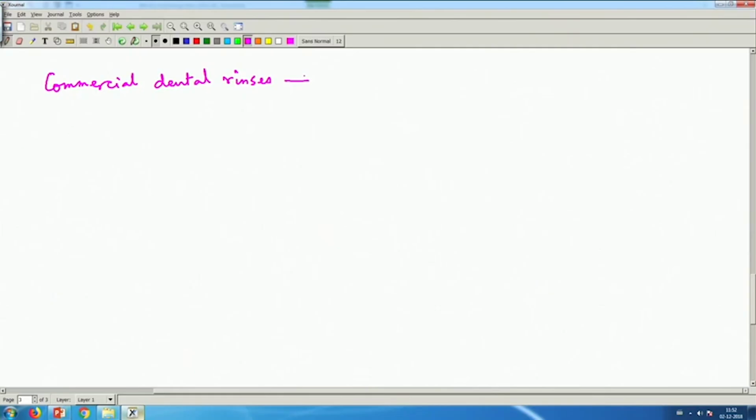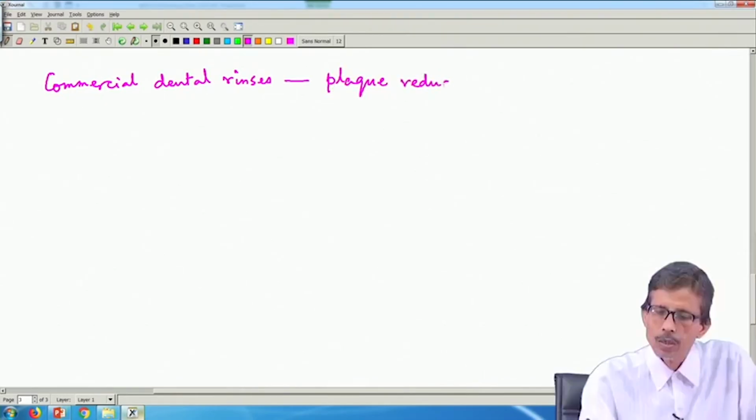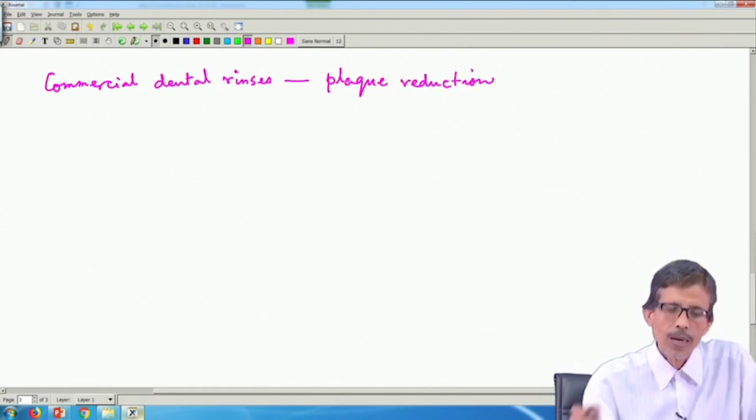So, sometimes it is recommended that these commercial dental rinses be used before brushing, to reduce the plaque. So, it will be useful for plaque reduction.